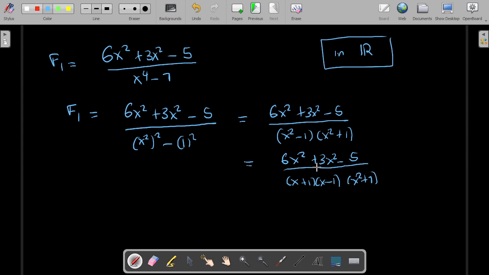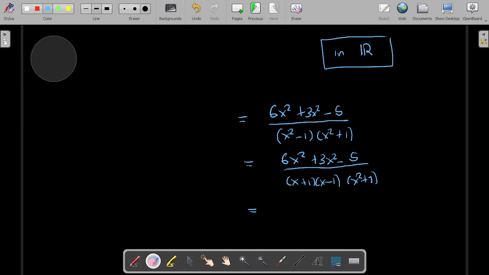So here we have 6x squared plus 3x squared minus 5 divided by x plus 1, x minus 1, x squared plus 1. It is here that our decomposition is going to start. I'll write this form of our F1 on the top, and then we can continue with our question.